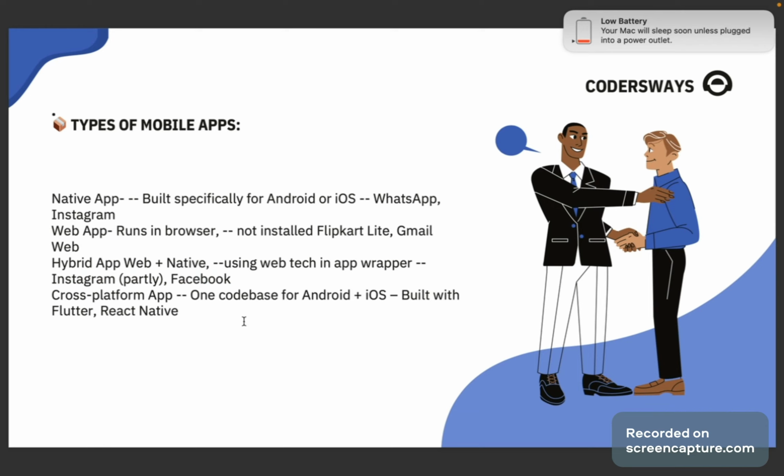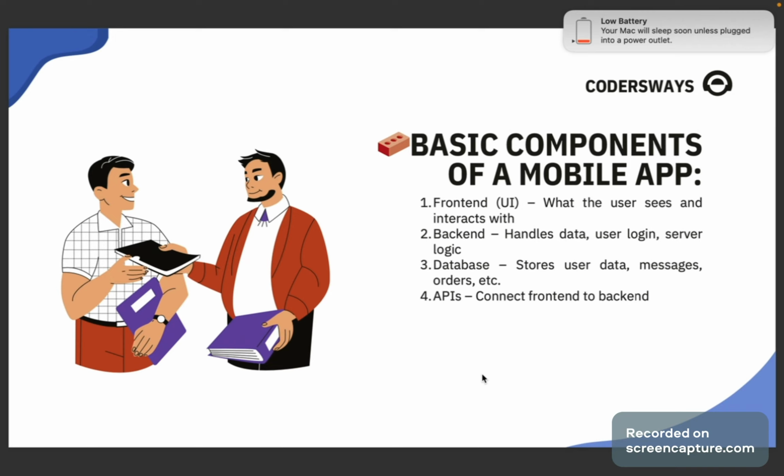So front end means client side, back end means server side. What is a database? A database stores user data, messages, orders, etc. What are APIs? APIs connect front end to back end, right? So these are the basic components of a mobile app.